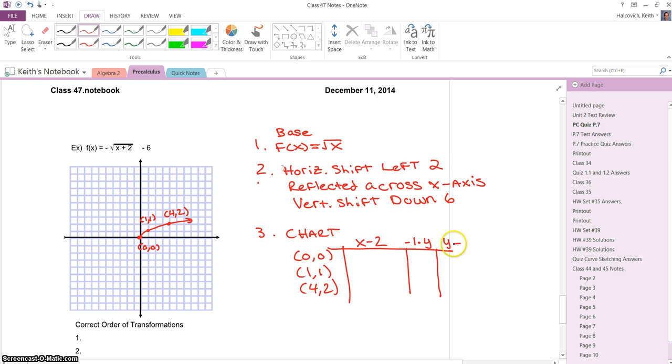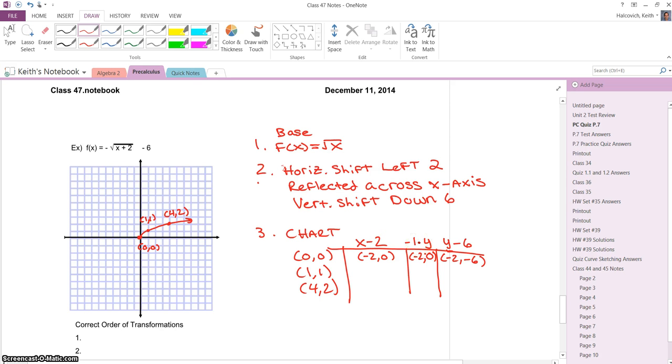And then we're going to take that y minus 6. So here we subtract 2, so we have negative 2, 0. Then when we multiply the y by negative 1, we still have negative 2, 0. And then when we subtract 6, we have negative 2, negative 6.